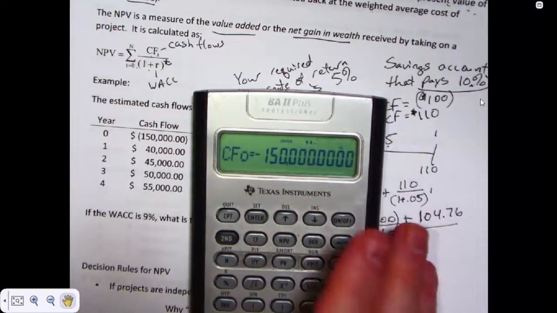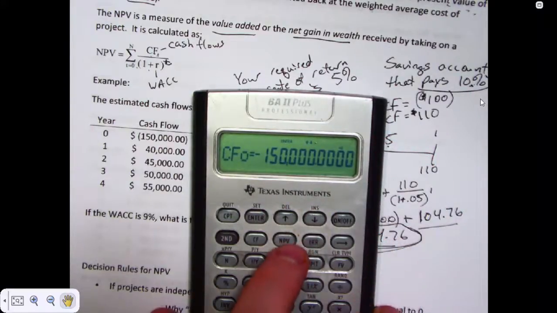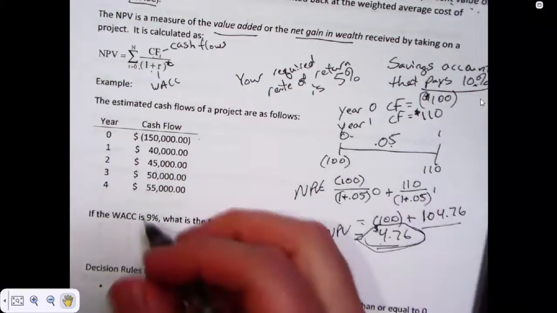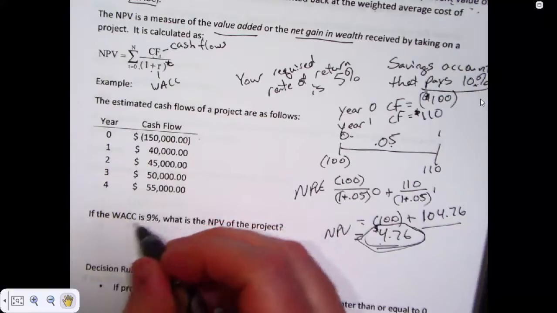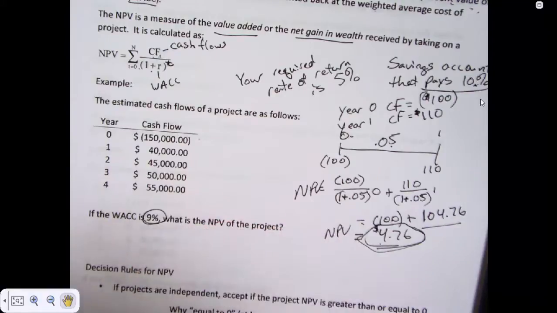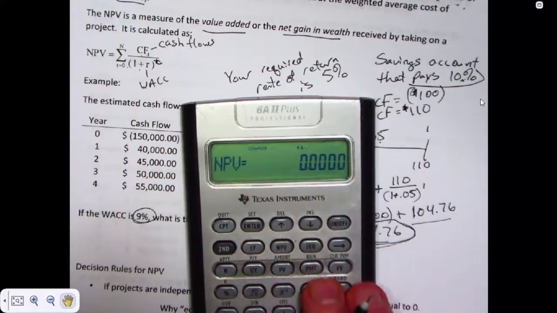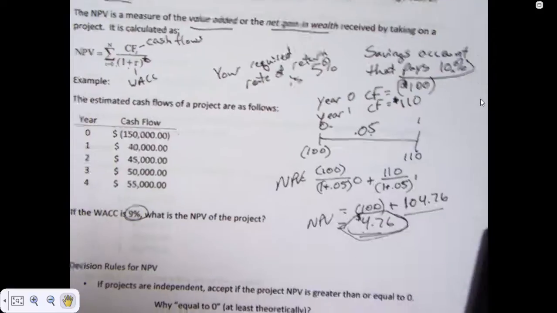So now in order to get the NPV, I press the NPV button. The interest rate is my weighted average cost of capital. On the page it says my weighted average cost of capital is 9%. So I'm going to put in a whole number 9 here and then enter. And then scroll down, press compute, and you get $2,145.41.